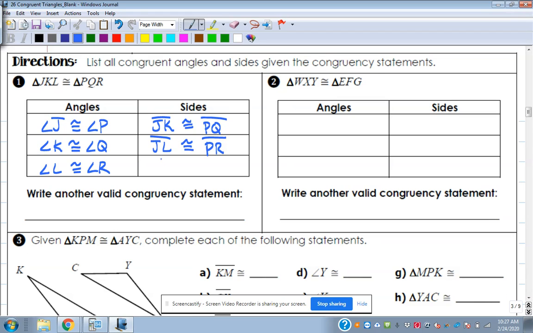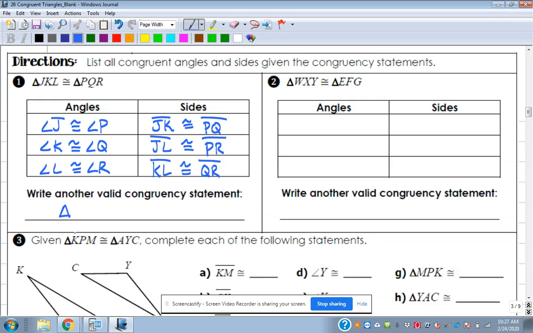And then the last one. Write another valid congruency statement for this triangle. That means rearrange the letters in a different order, but make sure it works.